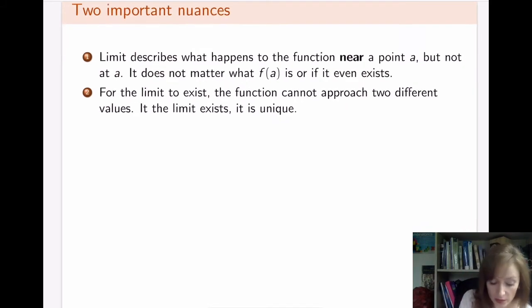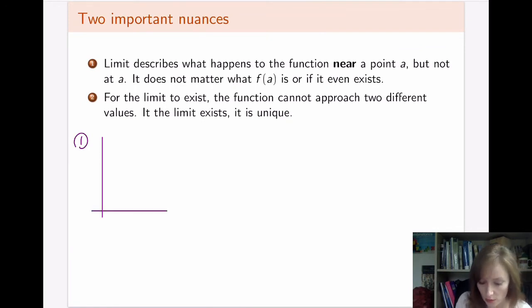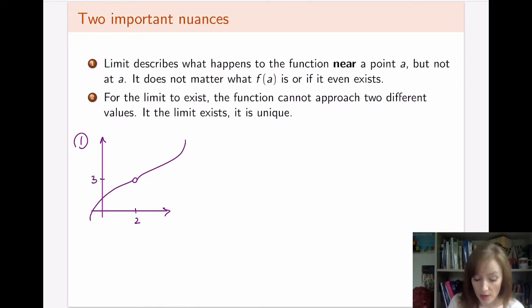And this is very, very important, because let's draw a little graph where things go very wrong at 2, but everything looks good around 2. So let's say I have this graph. Everything is nice and smooth outside of this one point. Let's say this is 2, and let's say this value is 3. Okay, so the graph itself is a nice smooth function, except at 2 we have a hole.